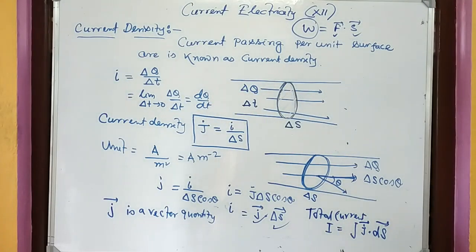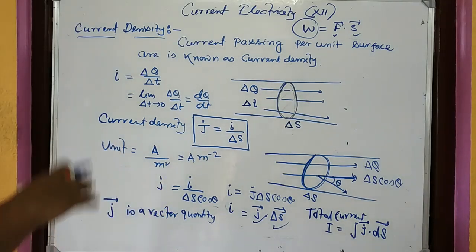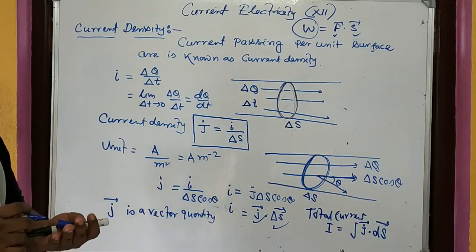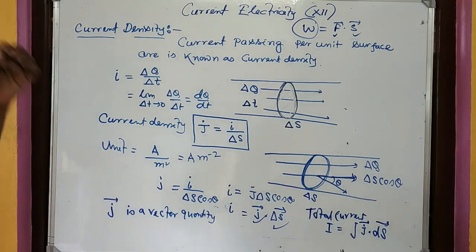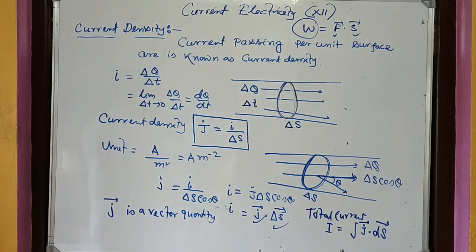If dS is small, we can find the current by integrating the current density over the surface area. This current density is introduced to vectorize current electricity, because initially we saw that current is a scalar quantity. So how can we vectorize it? That's why we have taken another quantity, that is current density. Okay, I think it is clear.